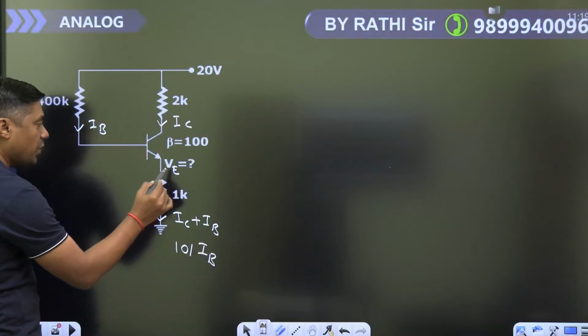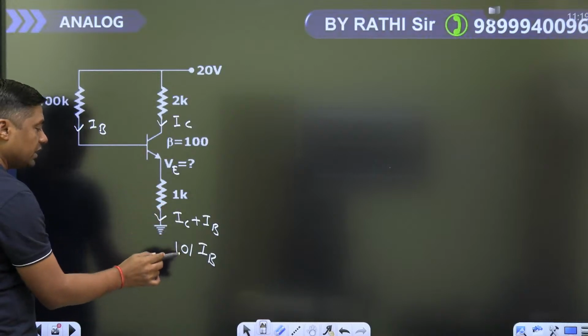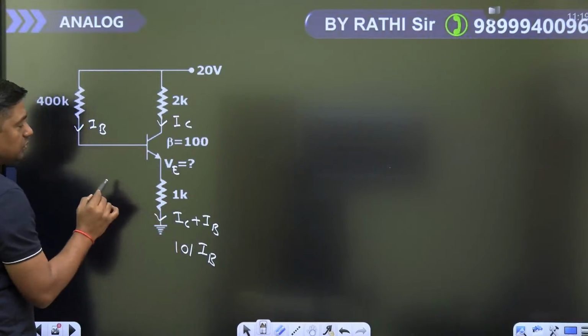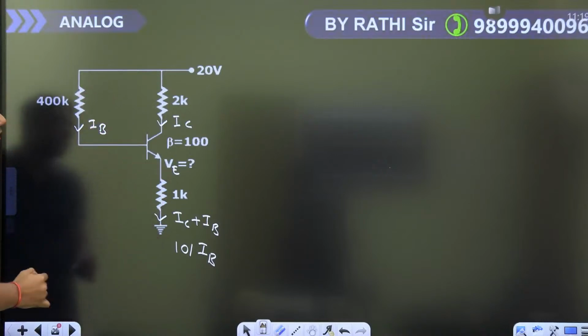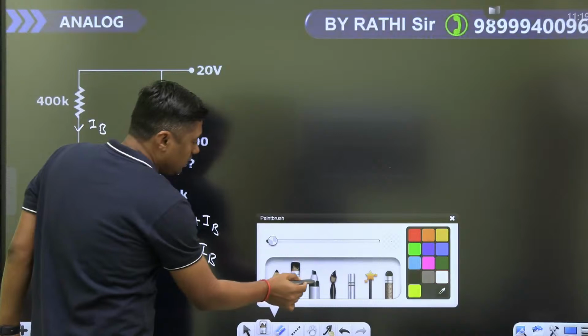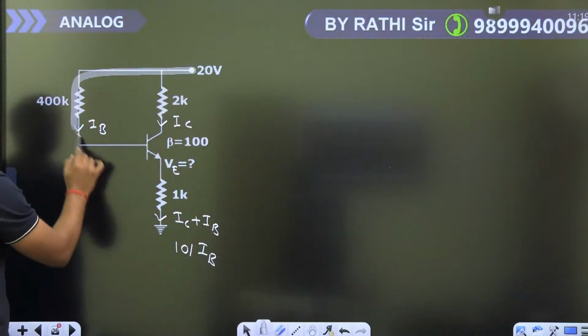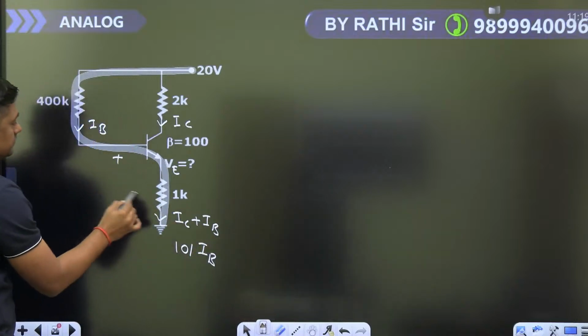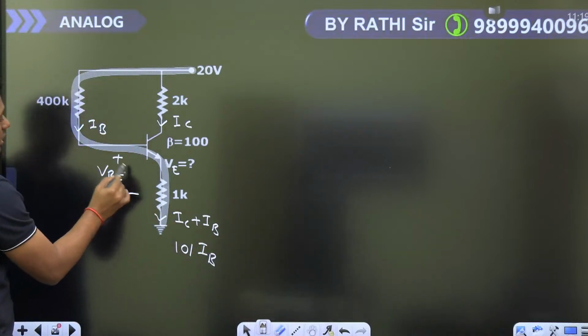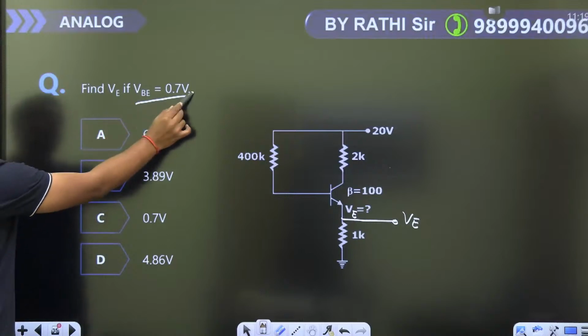The voltage at this point is 101 IB into 1 kilo ohm. Then write down the KVL from this point to this point. This is VBE. What is the value of VBE given in the question? 0.7.